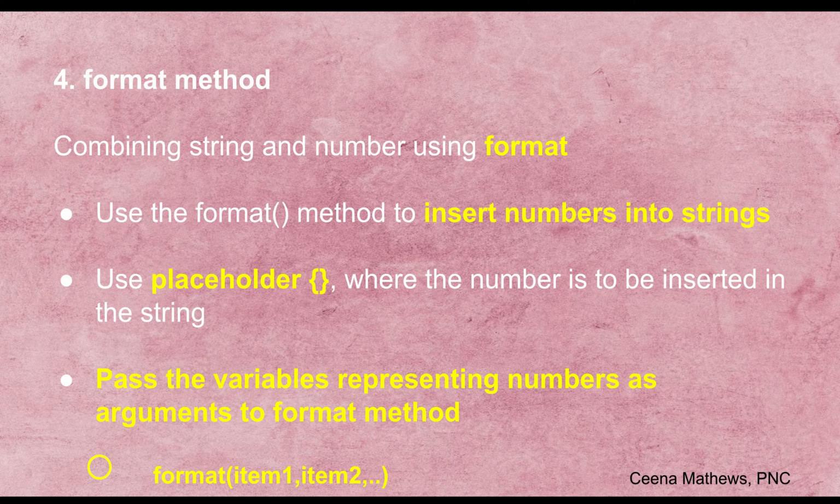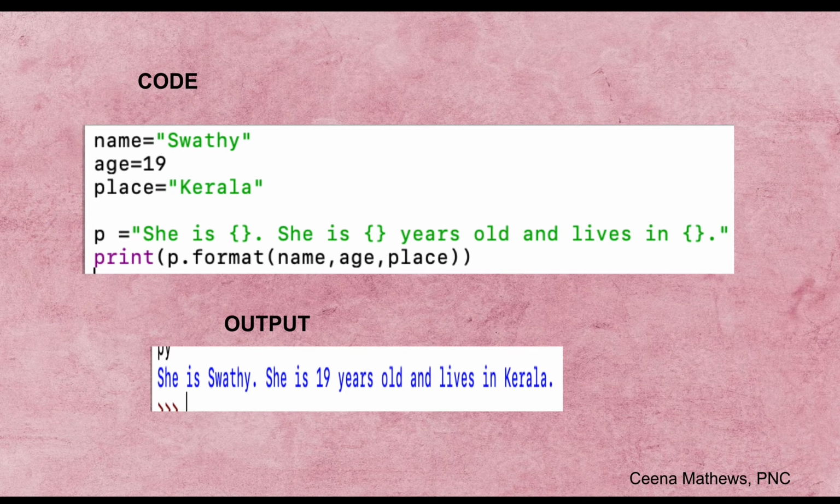We'll see an example for format. Here I have used 3 strings. The first one is a string Swati, second is a number 19, age, and place, Kerala.